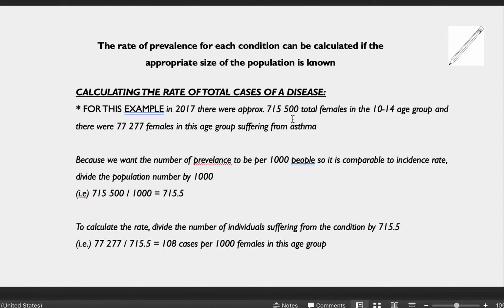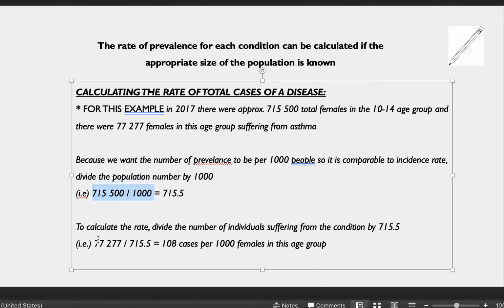So in 2017, there were 715,500 females in the 10 to 14 age category, and 77,277 females suffered from asthma. We can complete a divide by 1,000, take that answer and divide the amount of people with asthma by that new number to find out how many actual cases per 100,000.